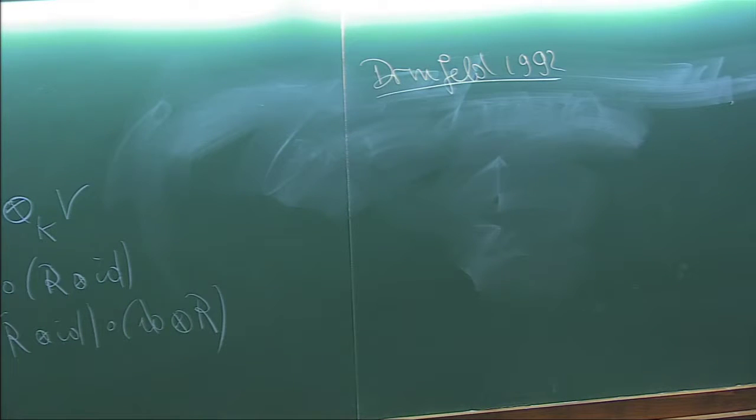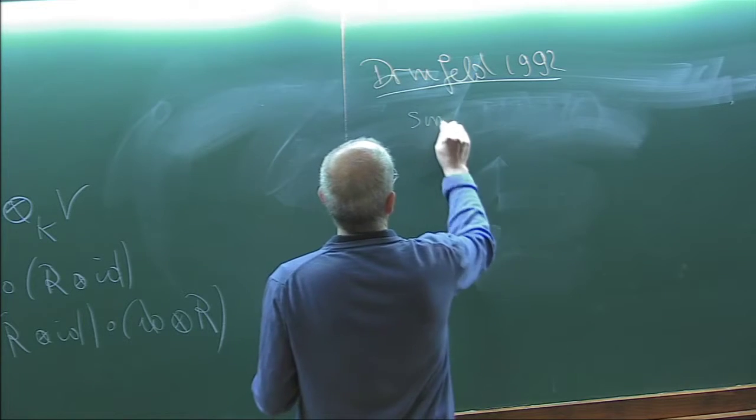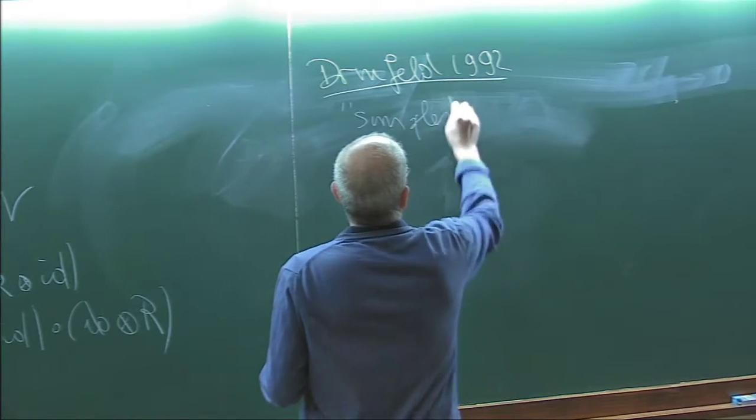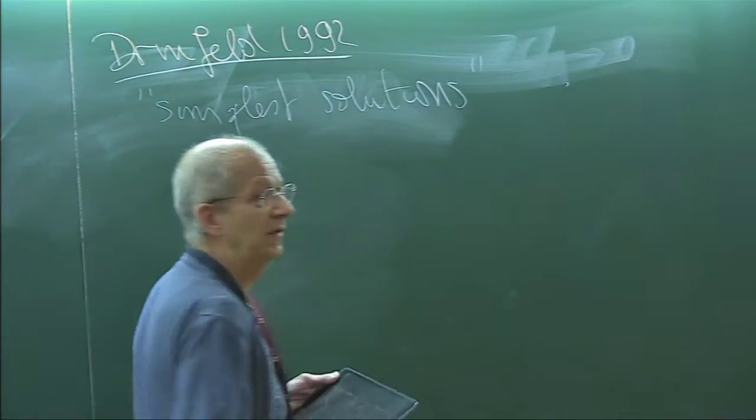A solution here means a solution of the Yang-Baxter equation, and he looked for the simplest solutions. What is the definition of simple here?